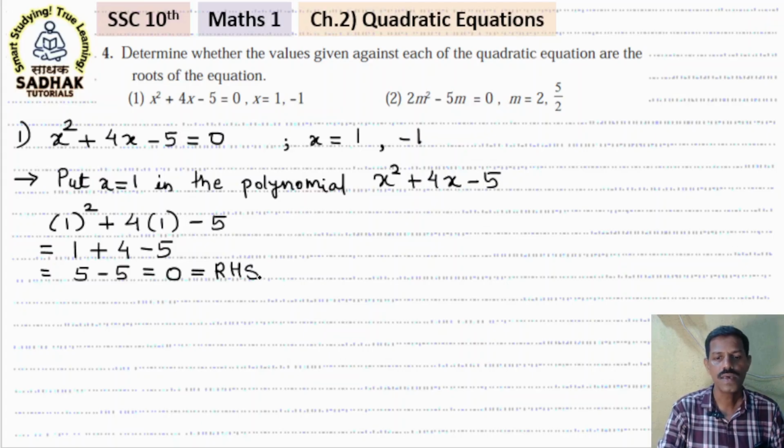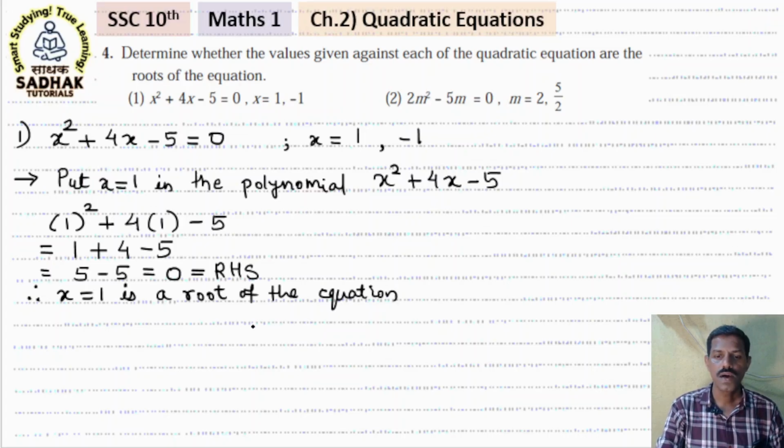Fine. That means this value of x is satisfying the equation. So we will say that therefore x is equal to 1 is a root of the equation.